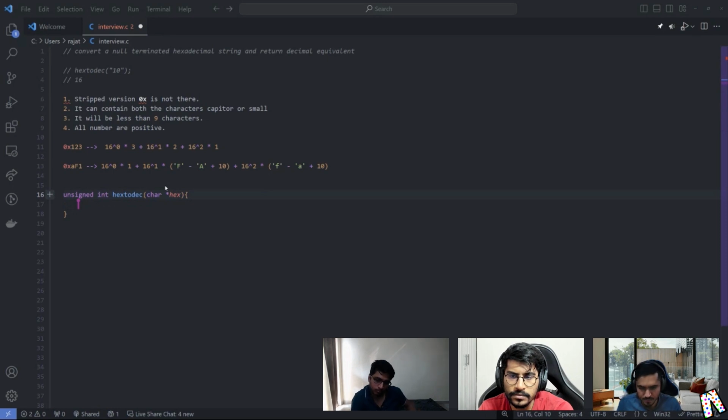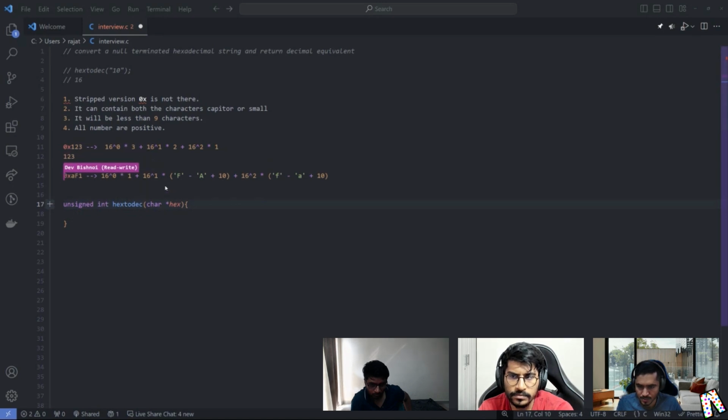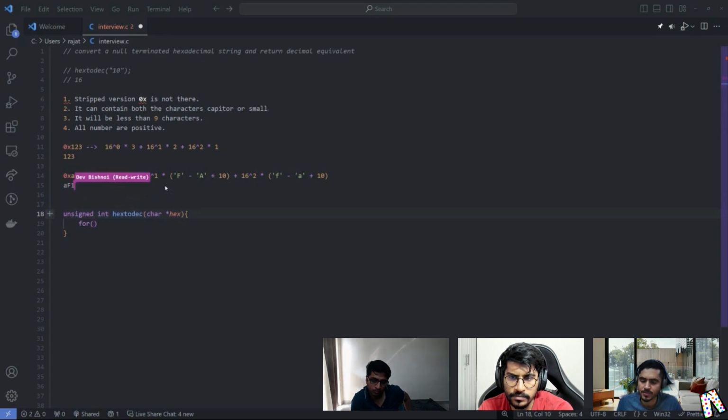Okay, let me check. What I have to do is traverse through all the characters. In this case I'm given 1, 2, 3, and in this case I'm given AF1, right? So I'll use a for loop, and I'll have to figure out the size as well. Will I always be given the size as 8?